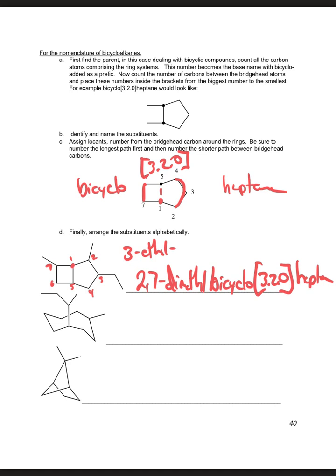Now this one, this is our first substituent. It needs to be numbered the lowest it can be. So 1, 2, 3, 4, 5, 6, 7, 8, 9, 10. So this is a 10 ethyl, 2 methyl, bicyclo.